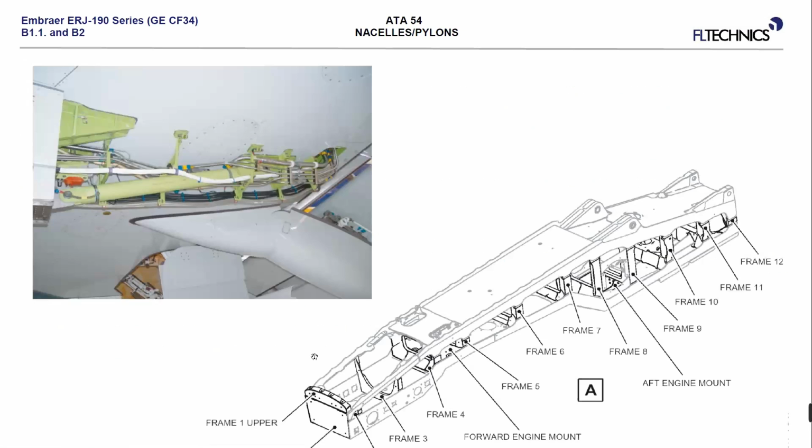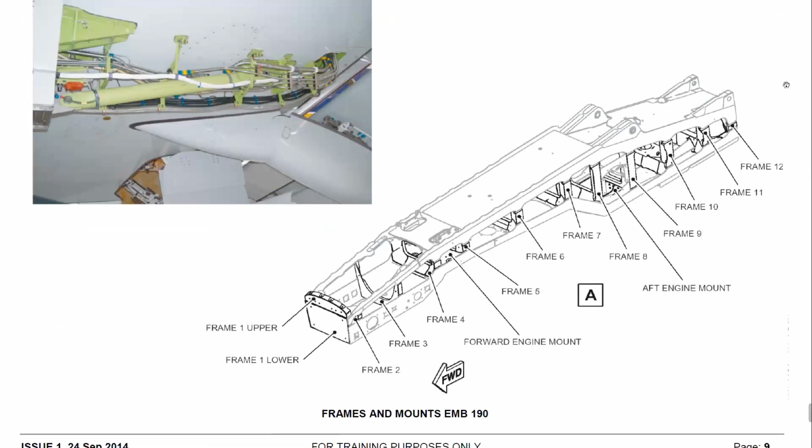Different frames. As I said, from frame number 1 to frame number 4, we have aluminum alloy. The rest are titanium alloy. And the engine is attached to two mounts. The forward mount is in position between frames 4 and 5, and the aft mount is between frames 8 and 9.